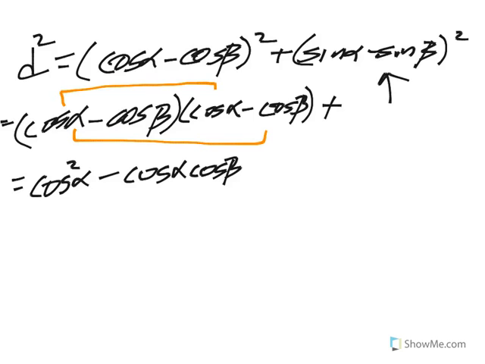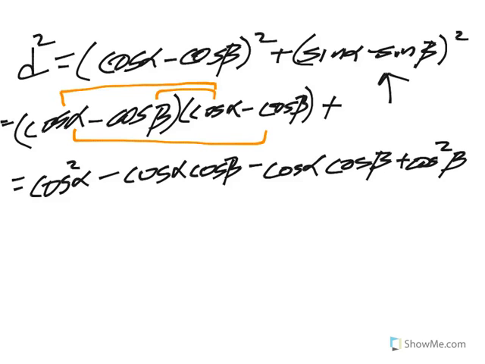My inside terms are again cosine alpha times cosine beta, but negative. So I've got another one of these cosine alpha cosine betas. And then finally minus cosine beta times minus cosine beta. Minus is plus cosine squared beta.